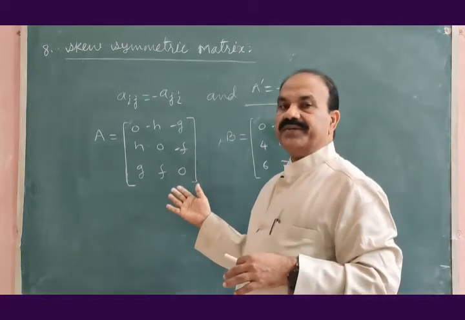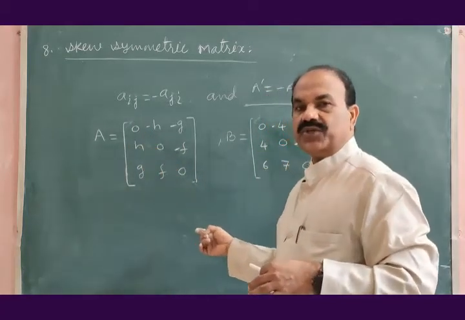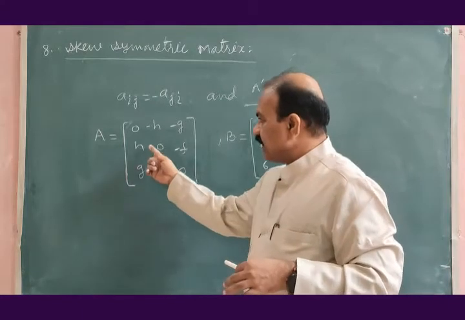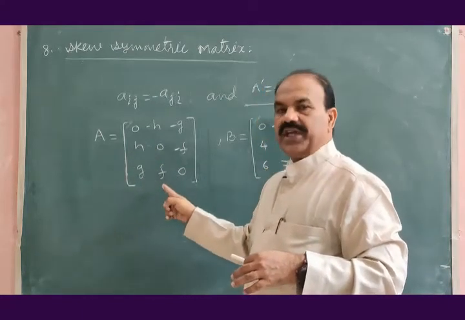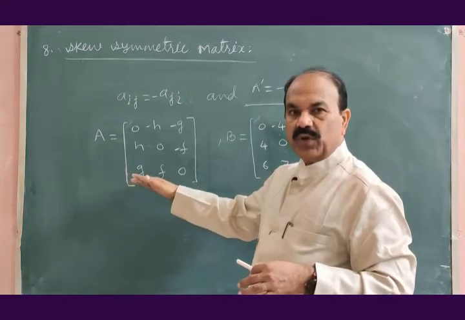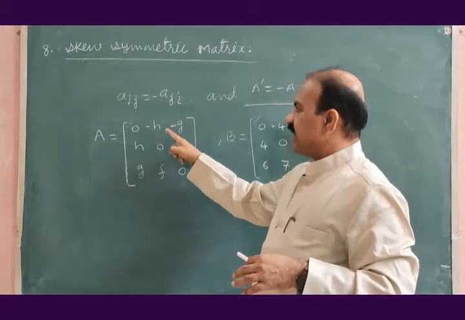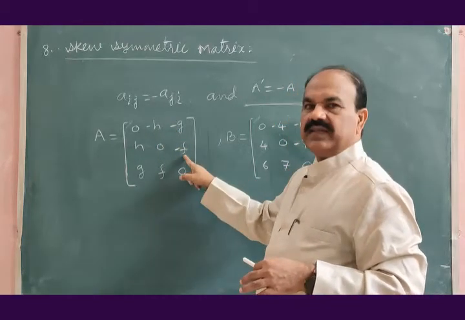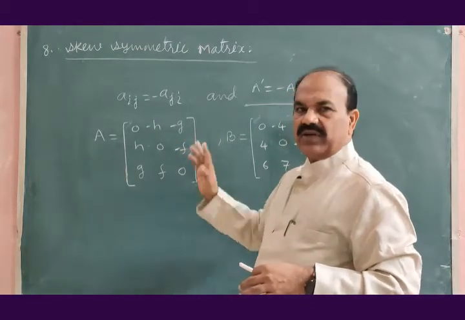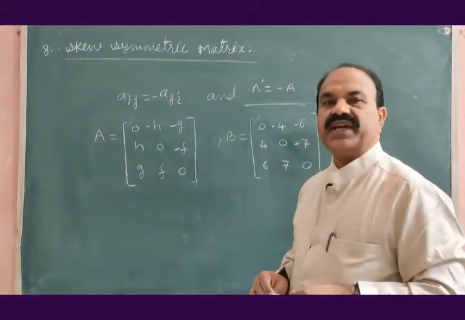What we find here, the diagonal elements are 0, H, G, F. The elements below the diagonal elements are minus H, minus G, minus F, and the elements above the diagonal are same but opposite in sign.